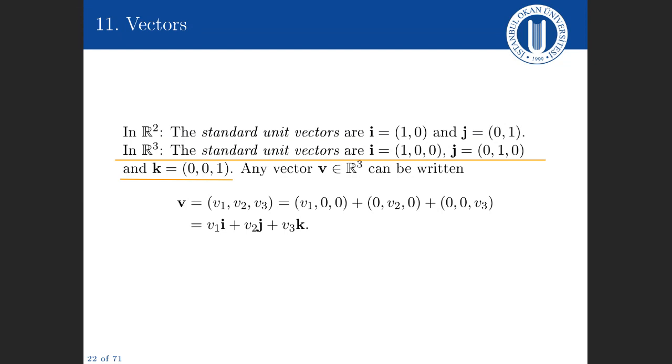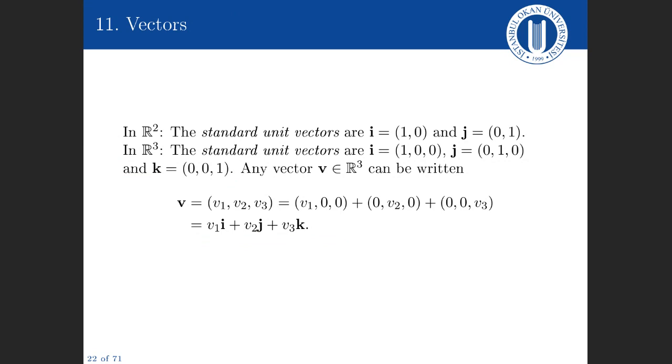Any vector in 3 dimensions can be written as a linear combination of i, j, and k. In other words, we can write that the vector v is a number multiplied by i plus a number multiplied by j plus a number multiplied by k, where these numbers v1, v2, v3 are the numbers from the component form.